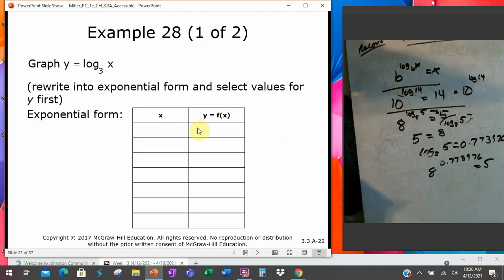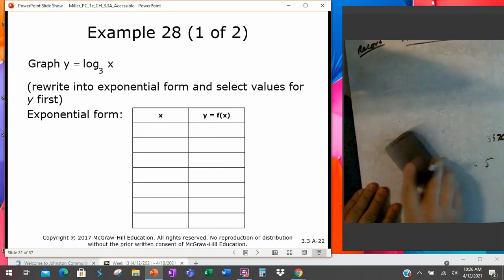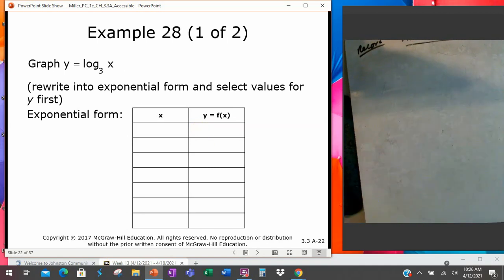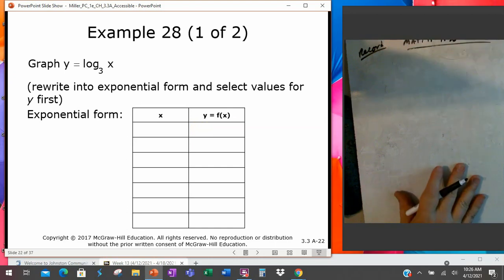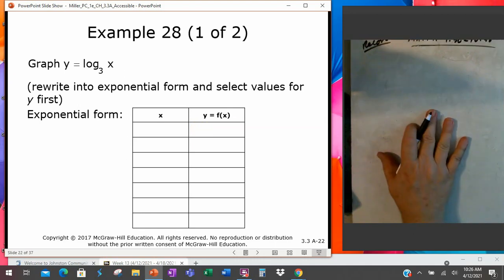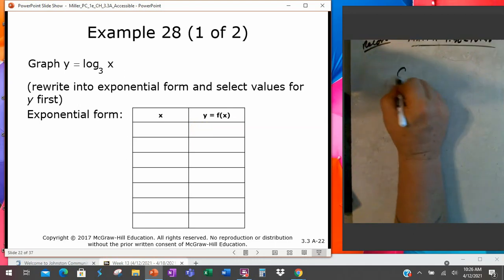Here we just want to do the graph from exponential, and I want to graph log base 3 of x. So this is kind of working backwards. Okay, so this is what I want to do.